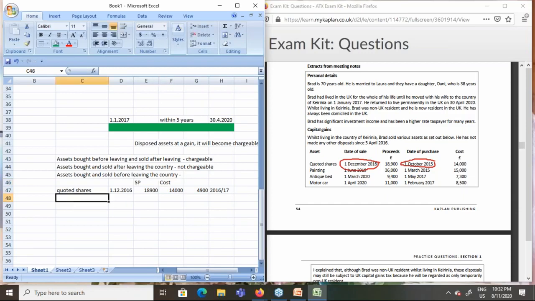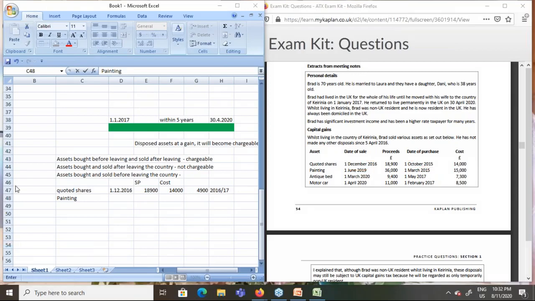Then painting. There, bought 1st of June 2019, bought 1st of March 2015.